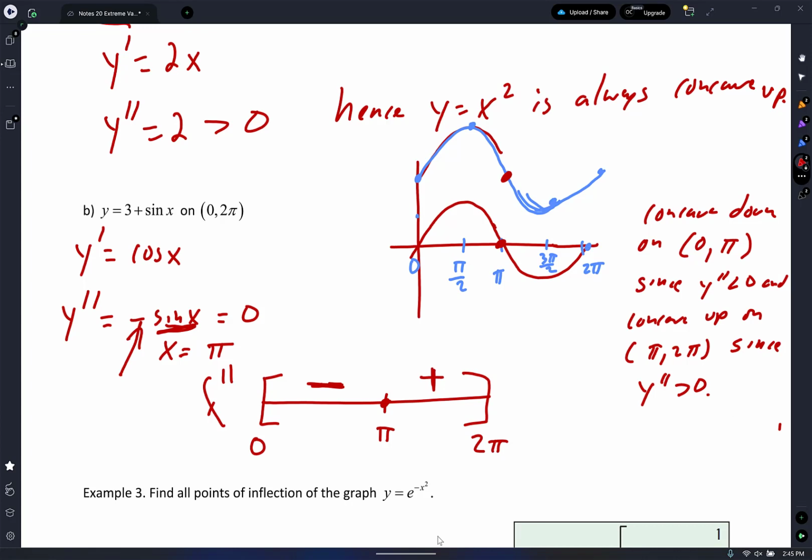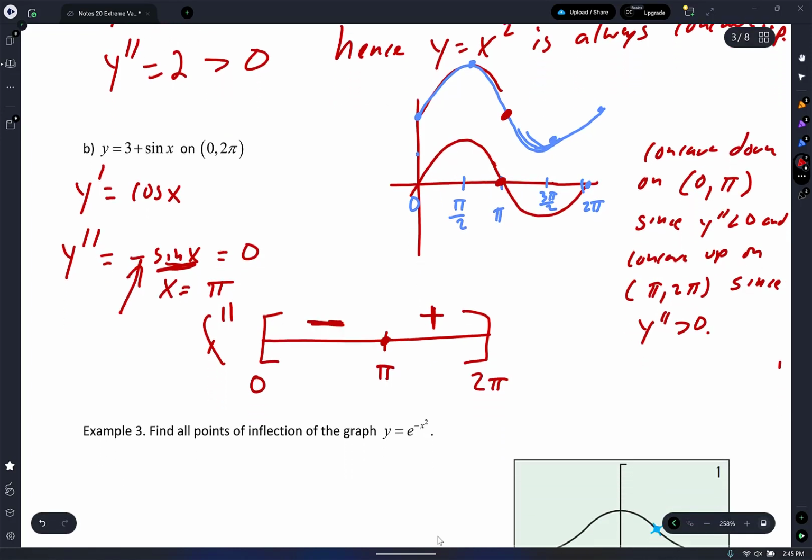And when I'm talking about concavity, I'm talking about concavity on y, or f of x if I call it f. How do we feel? Nothing crazy, right? Okay. Here we go.